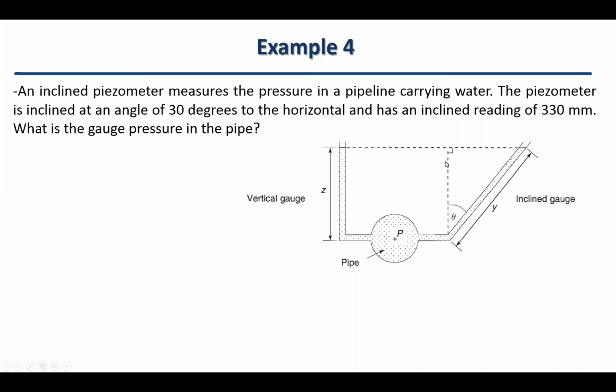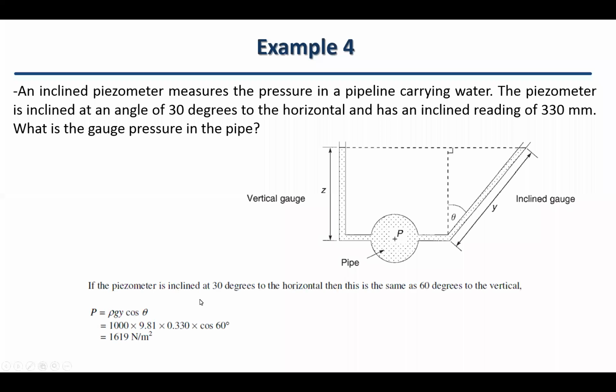Since the angle is 30 degrees to the horizontal, the angle of the pipe to the vertical is 60. Using rho g y cosine theta, rho is 1000, g is 9.81, and y is the inclined distance in meters, 0.33, times cosine 60.